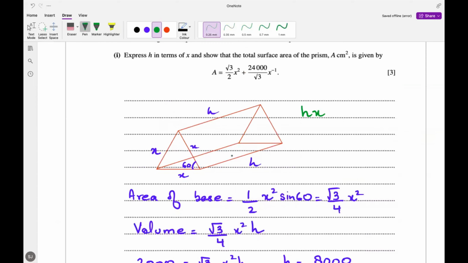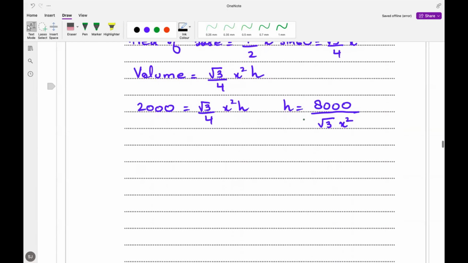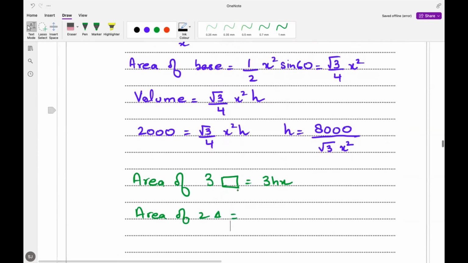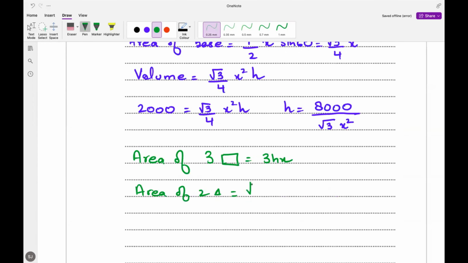So we have one rectangle at the bottom and two slanted rectangles, and all of these have one length h and the other length x. So the area of three rectangles is equal to 3 times hx, and the area of two triangles, using half ab sine C as we found out earlier, is root 3 upon 4 x squared.